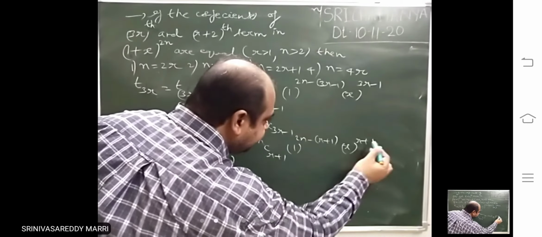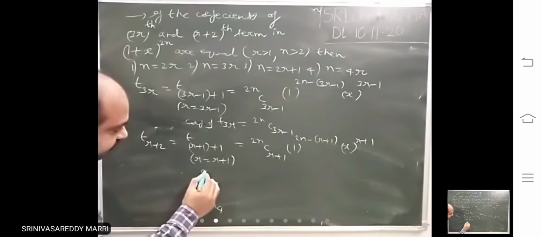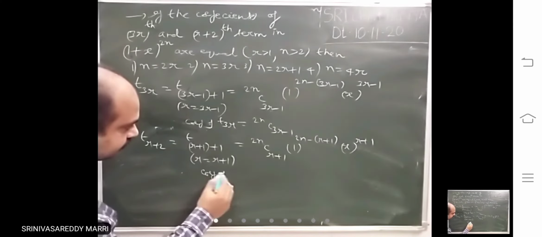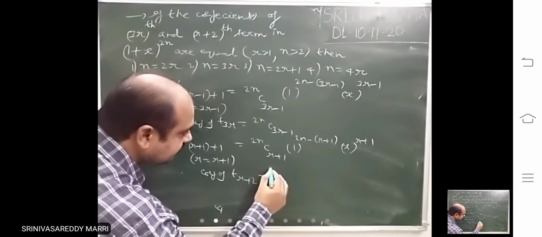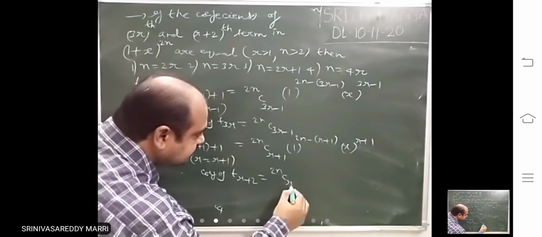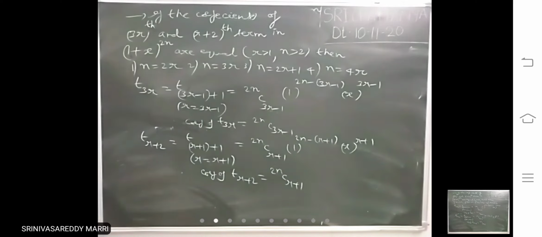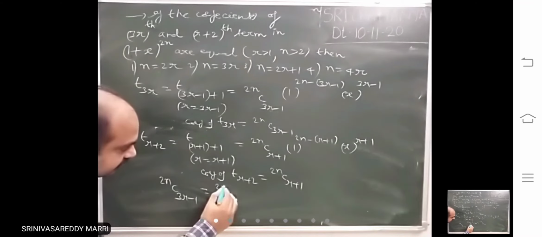This is all variable only. So the coefficient of the r plus 2th term is 2n C (r plus 1). Given that both are equal, the coefficients are equal. That means the constants are equal.